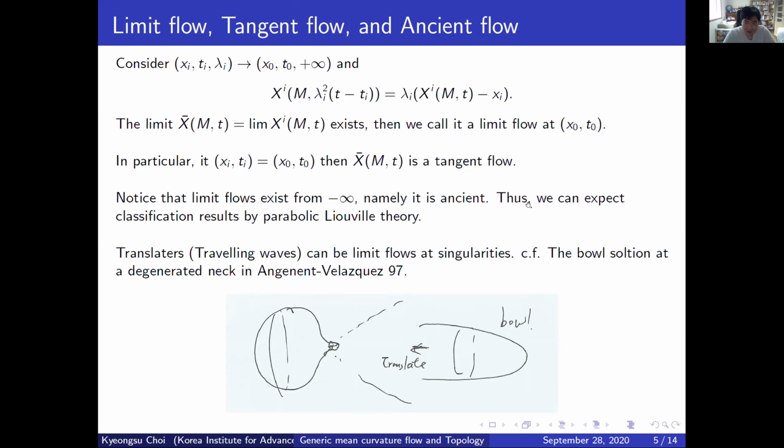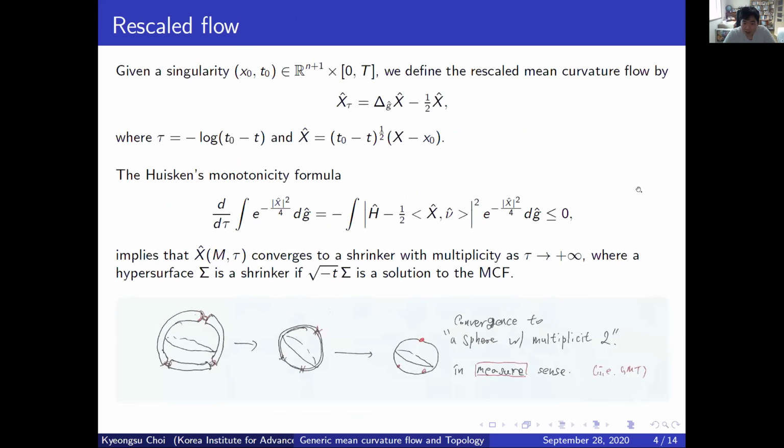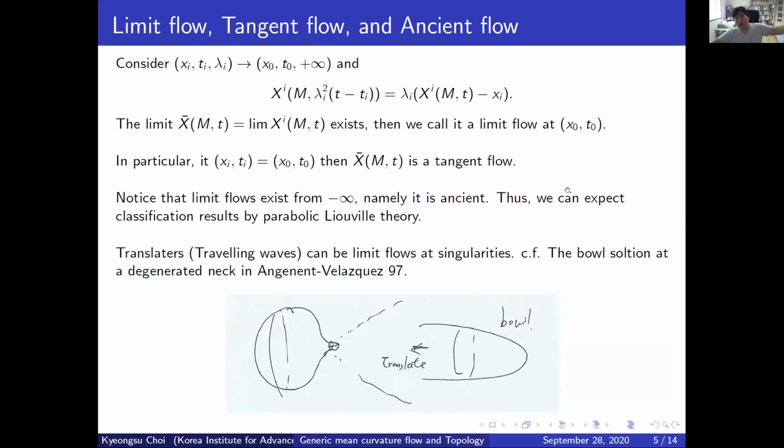Let me point out some actual differences between the limit flow and the tangent flow with some examples. Sorry, I forgot to write that down, but in the case of the tangent flow, by using the previous rescaled flow argument, we can show that the tangent flow would converge to a self-shrinker, not a static one, some rotating self-shrinker, as tau goes to negative infinity.